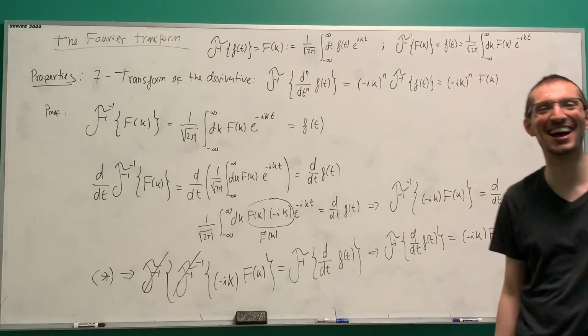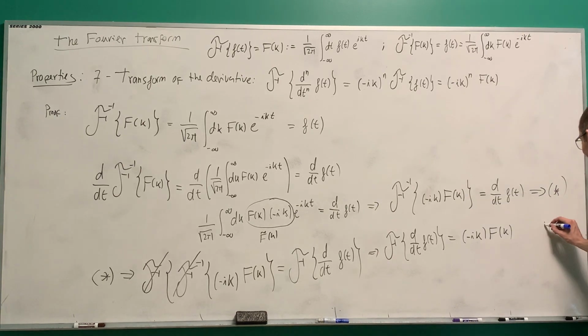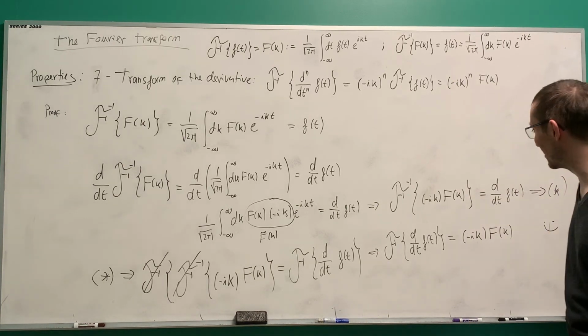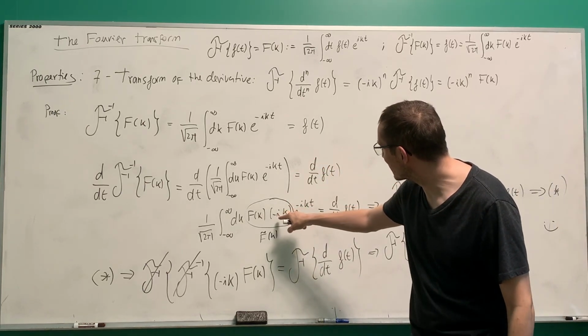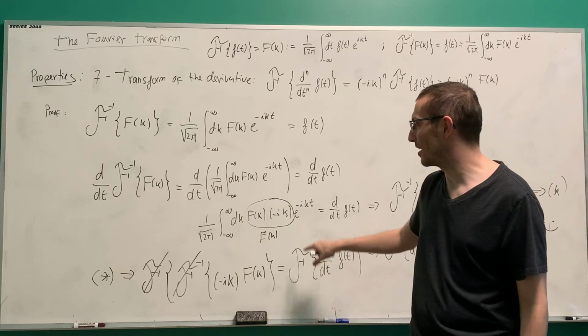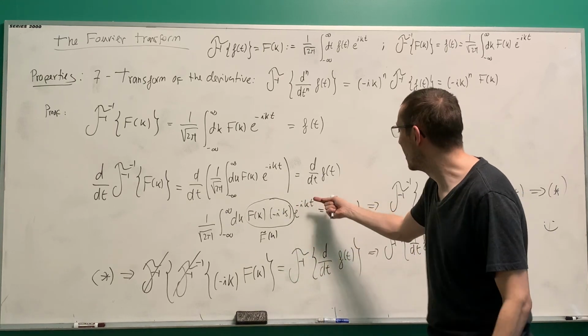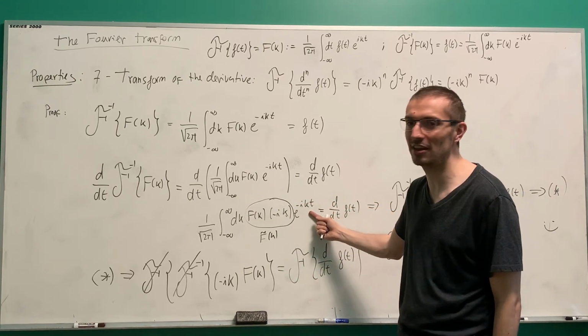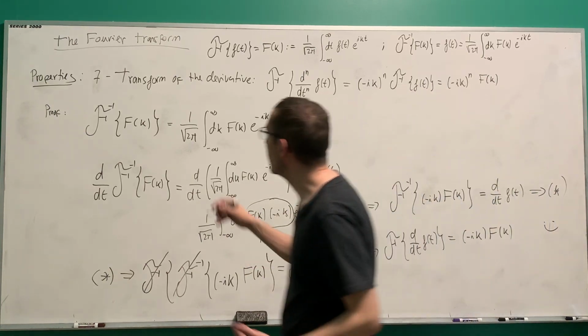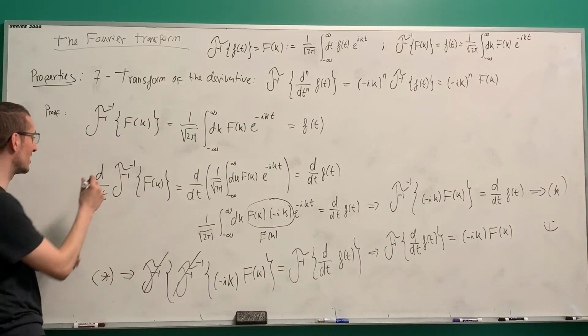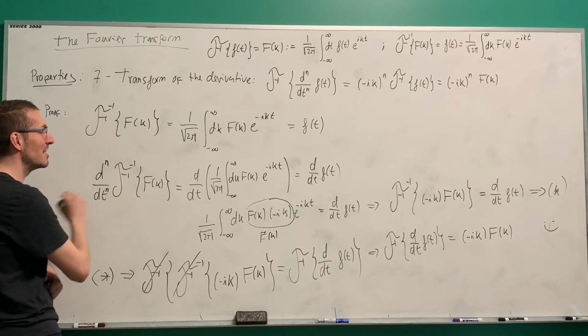How nice is that? So this proves it, because if you do the second derivative, it brings you minus i k squared, because you do one and then you do another. Every time you hit the exponential with a derivative, you get minus i k. So I can generalize the proof immediately, writing an n here and an n here.